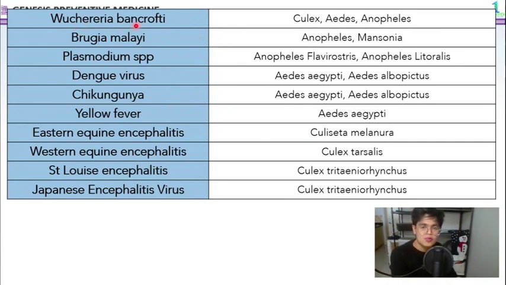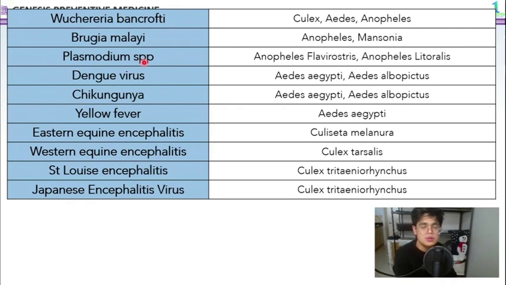Wuchereria bancrofti, Brugia malayi are causative agents of filariasis. So Culex genus, Aedes, Anopheles, and for Brugia, Anopheles and Mansonia. Plasmodium species.